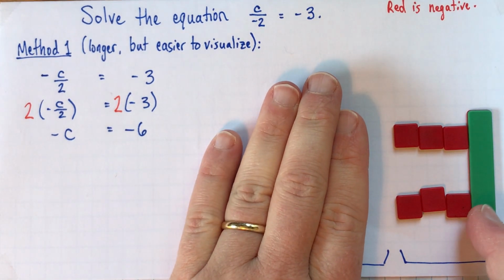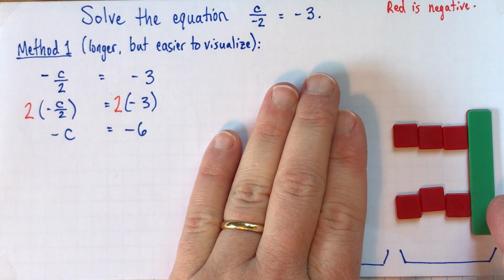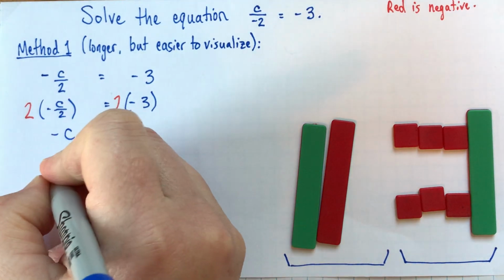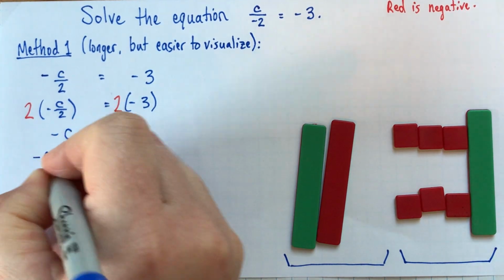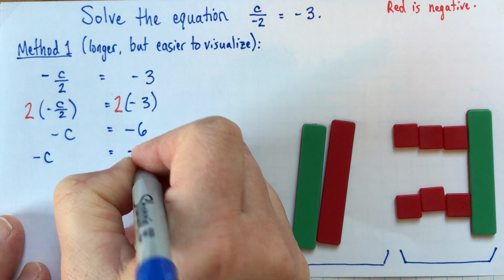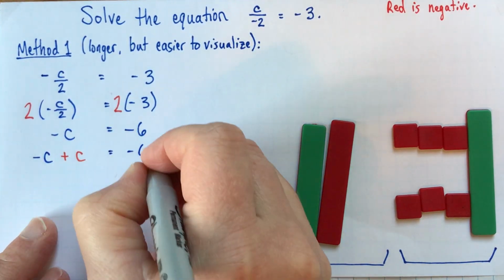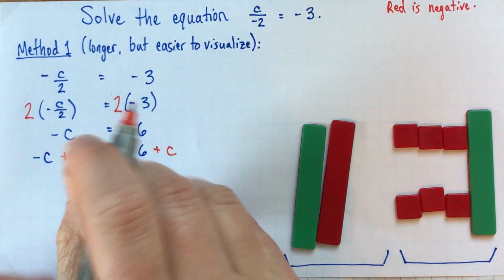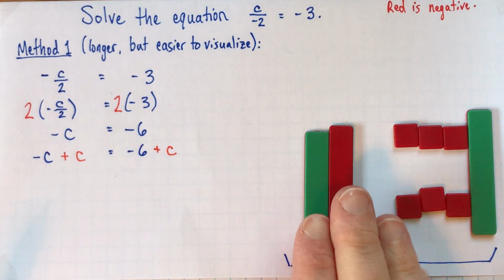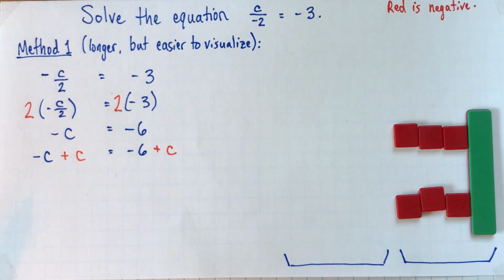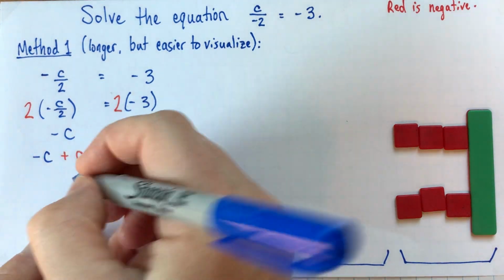And our c will be over here on the right side, but it'll be positive. So that's what we're going to do. We'll add c to both sides. Here we've got 0 pairs, so that's gone, that's 0. It's worth nothing.